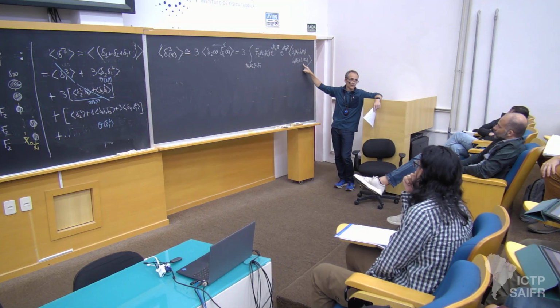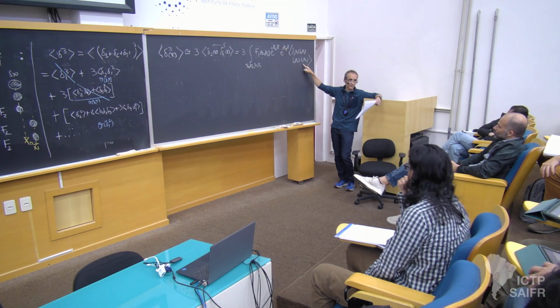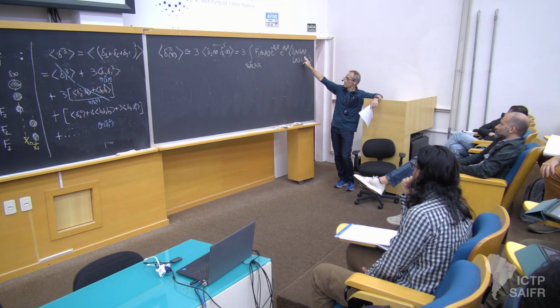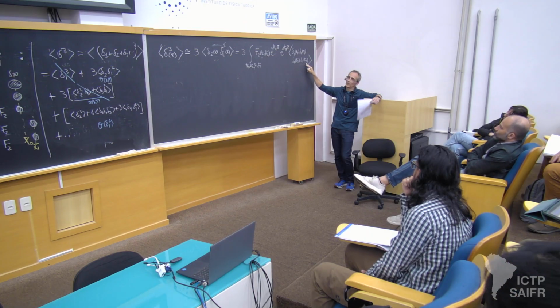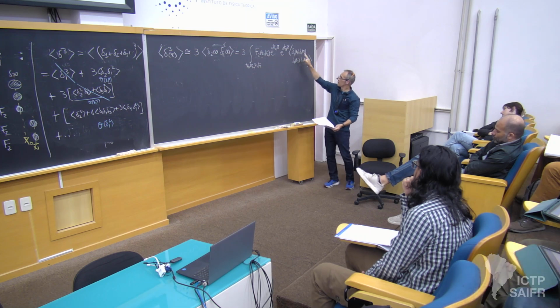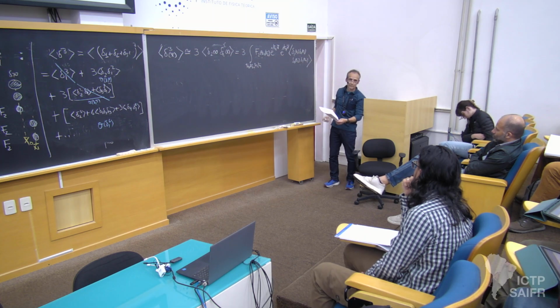For a Gaussian field, only the even 2n-point functions contribute because of that symmetry, and there are (2n minus 1) double factorial pairs. So in this case, there are 3 pairs. So this guy can be paired with this, or with this, and the remaining pairs follow.